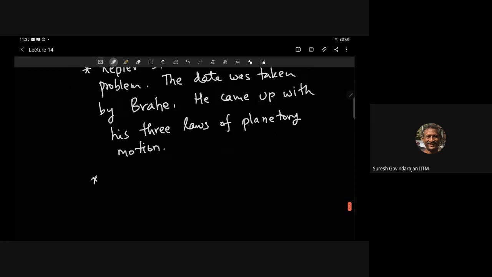And then came Newton. He did several things. He proposed the universal law of gravitation.